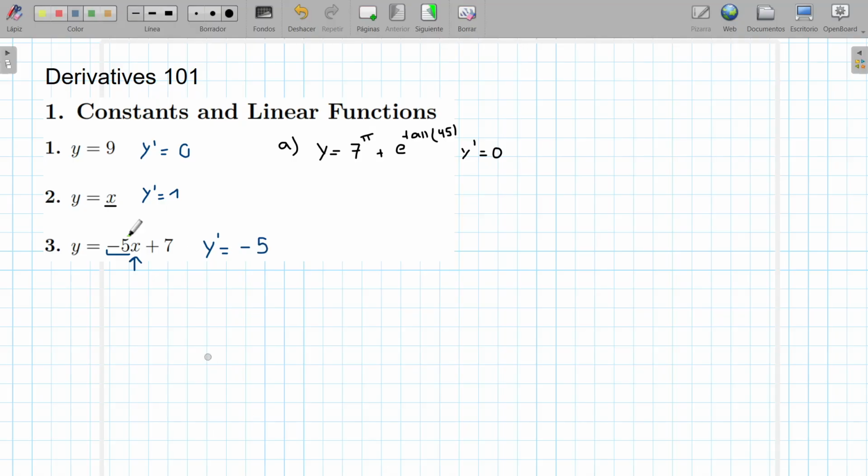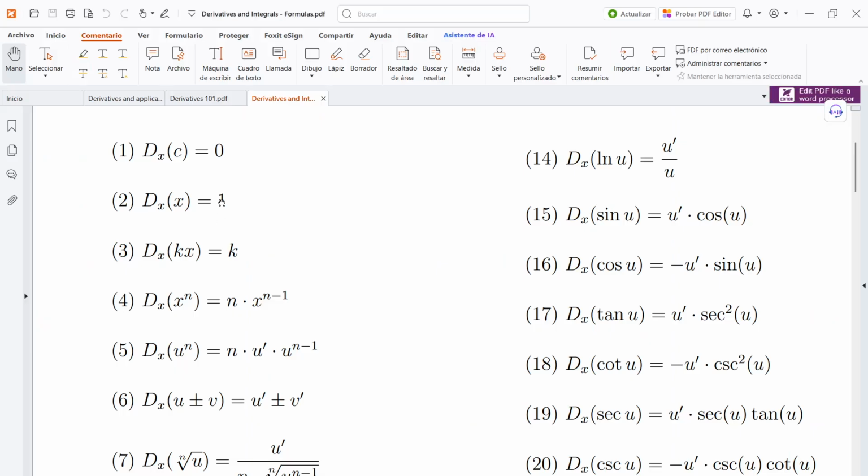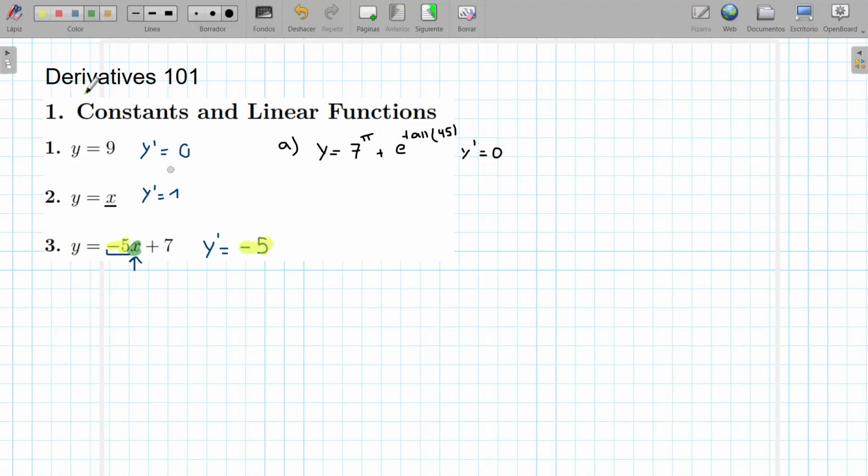As you can see, we just copy the minus 5 right here, and we did the derivative of x, which is just 1. This is like saying minus 5 times 1, but nobody really cares about the 1. That's why we don't write it in math. So minus 5, we copy, and the x was derived.